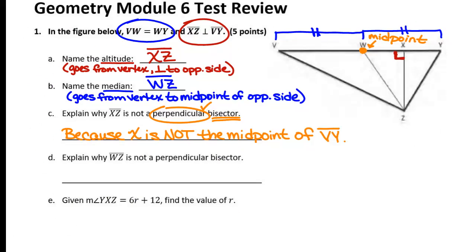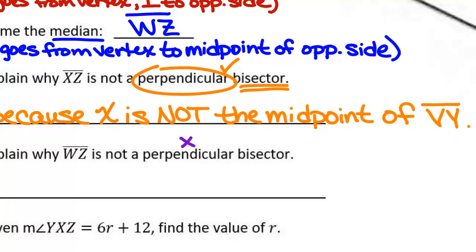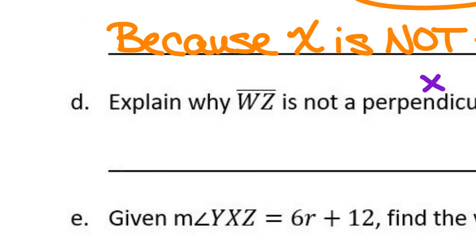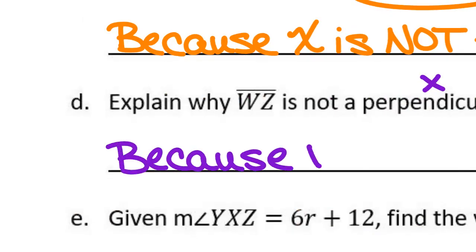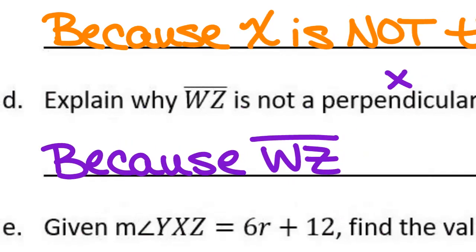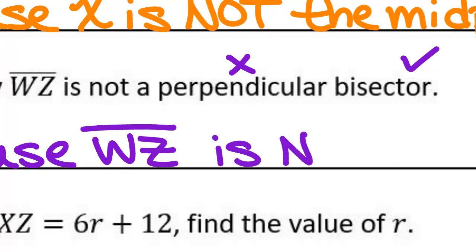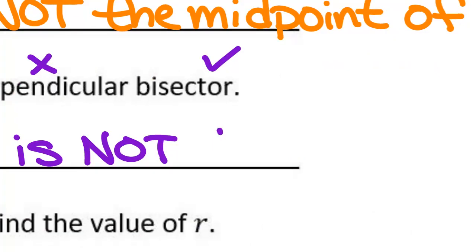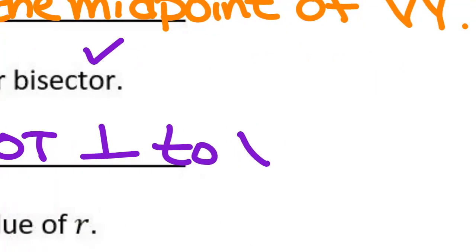Okay, so that's why XZ is not the perpendicular bisector. Why is WZ not the perpendicular bisector? Correct. We miss the perpendicular part, but we get the bisector part. Because WZ is not perpendicular to VY.